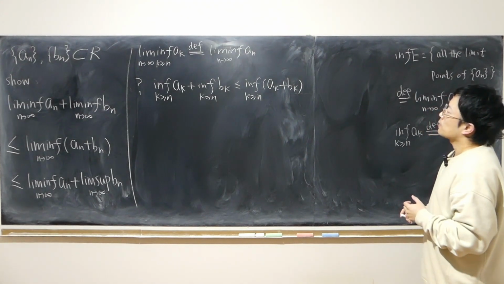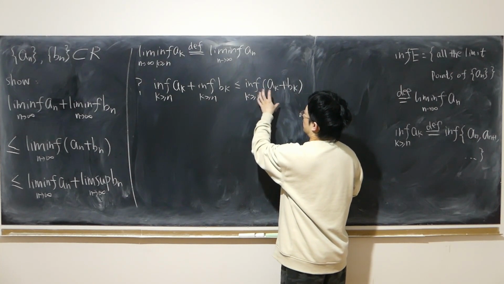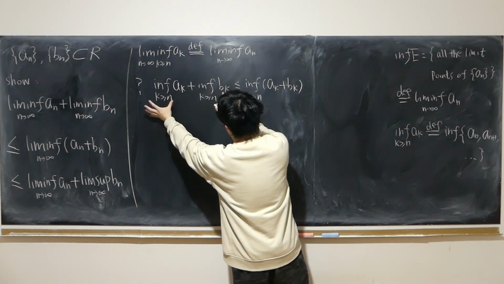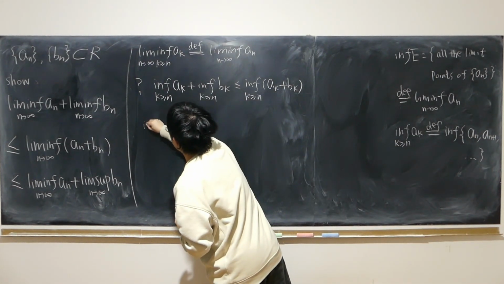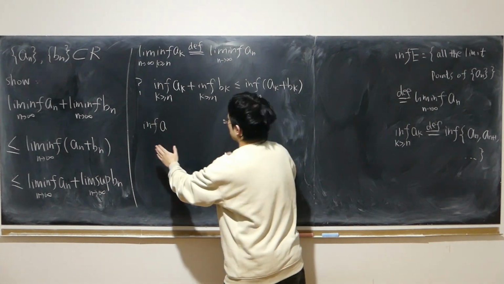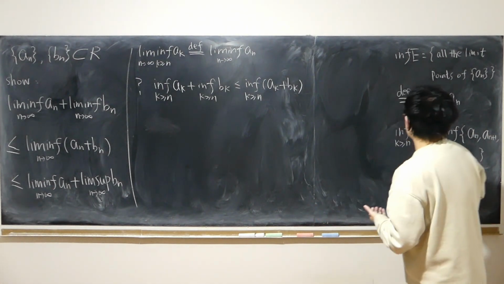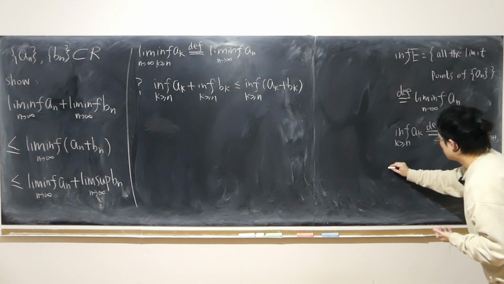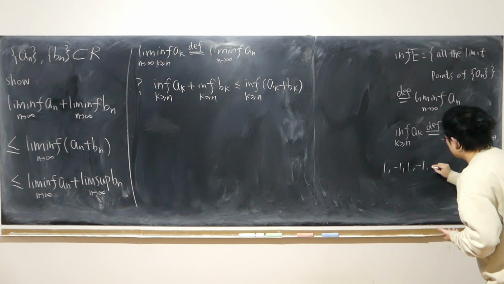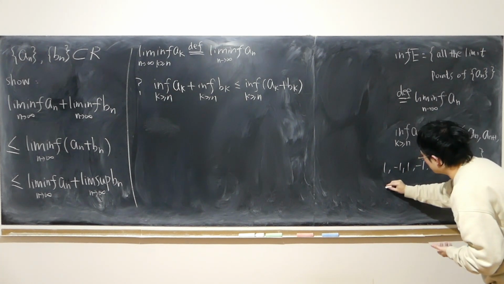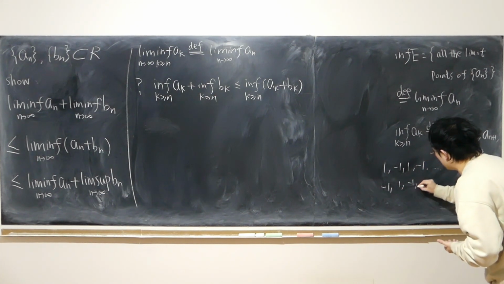How do we know that taking the inf of the combined sequence is greater than or equal to taking the inf separately? Maybe first let's get some intuitive understanding before we prove it rigorously. Say I have the sequence 1, negative 1, 1, negative 1, and another sequence negative 1, 1, negative 1, 1.